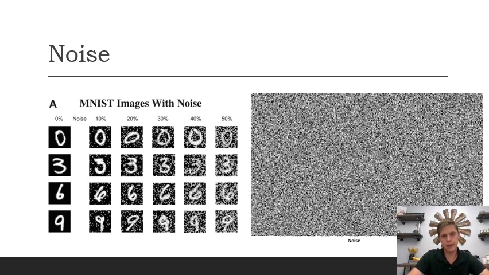As you can see, by the time you get to 50% noise in the background, it becomes much more difficult to correctly decipher what those numbers are, and it becomes particularly difficult for computers to do that. This is the classic example of what we would call white noise. If you're really into noise, there's actually a variety of different kinds of noises.